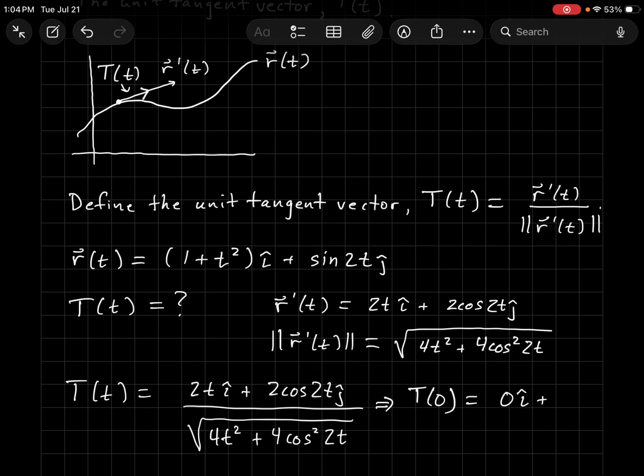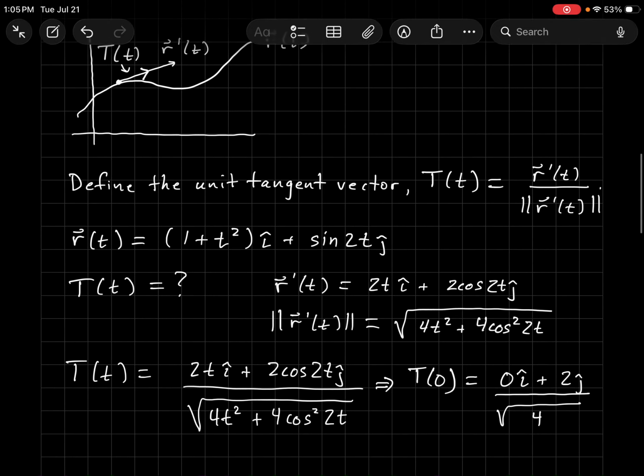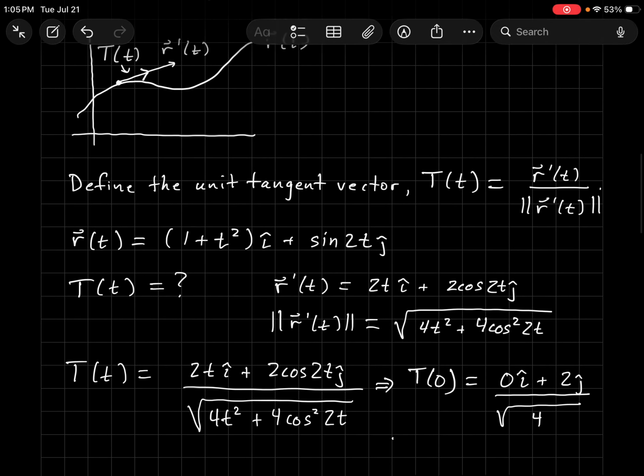Well, the cosine of 0 is 1, so we have 2j, all over the square root of 4 times 0 squared, that's 0, plus 4 times the cosine of 0 squared, which is 4. And this would simplify down to 0i plus j.